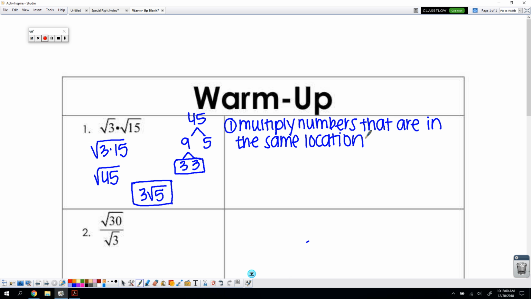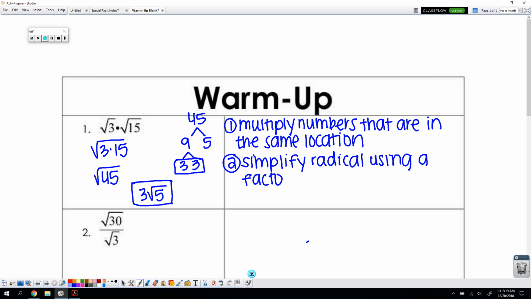And then simplify radicals using a factor tree. And I'm going to put in parentheses, pull out pairs. Never hurts to write that, even though we should already know that.